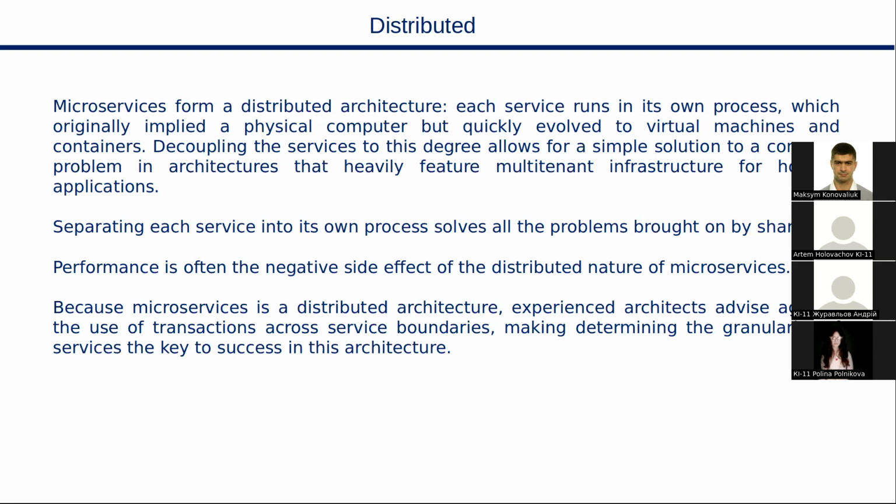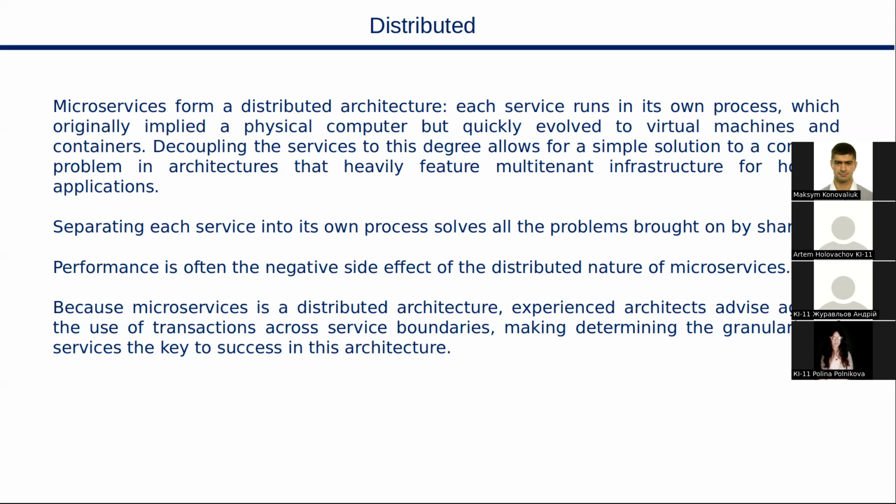Mostly nowadays, when we talk about a separate running process, it means that everything should be wrapped in containers. This is one of the significant differences compared with some other architecture styles that can be, for example, run on-premise. Here, everything should be wrapped in containers.